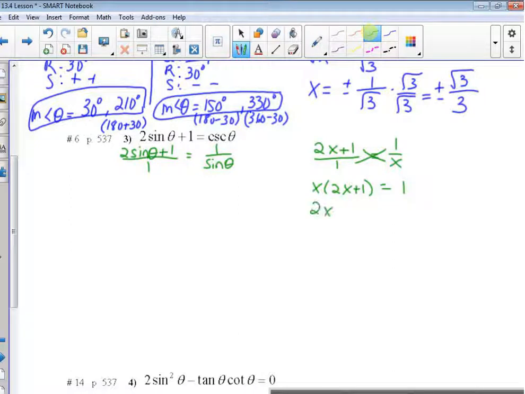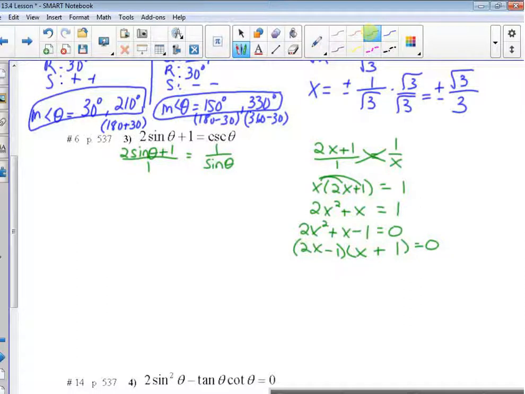So it's 2x squared plus x equals 1, which is 2x squared plus x minus 1 equals 0. And this actually factors to 2x and x, 1 and 1, plus, minus and plus, the other way around.